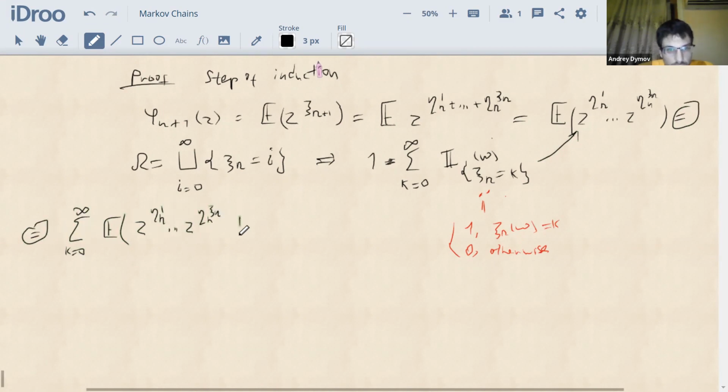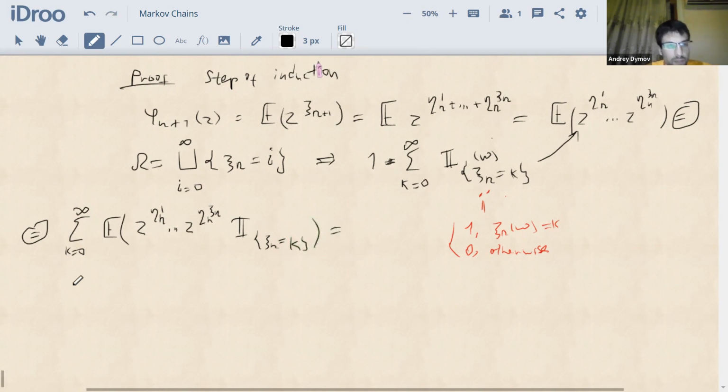And then I have the indicator function of the event that psi n equals k.